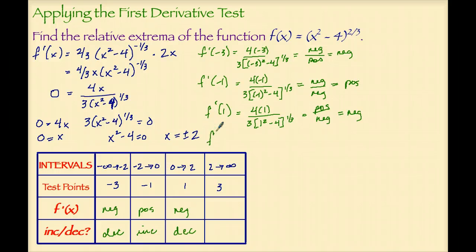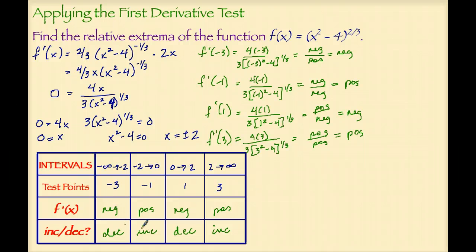And finally, let's look at the first derivative at 3. We're going to have 4 times 3, and then in the denominator, 3 times the quantity (3 squared minus 4) to the 1/3, a positive number over a positive number, which gives us a first derivative which is positive, meaning that the function is increasing in that interval.